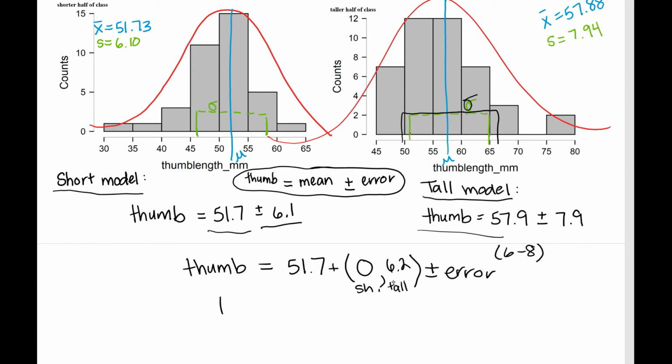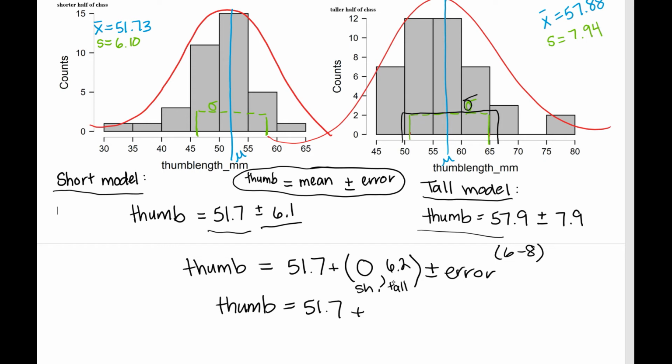So really, to consolidate, we're saying if I had to guess this new person's thumb length, that's where we started with this whole thing, I'm going to start at 51.7. I'm going to eyeball them and see, do they look like they're in the short half of the class or the tall half of the class? If they're in the short half, I'm not going to change it. I'm going to leave it.